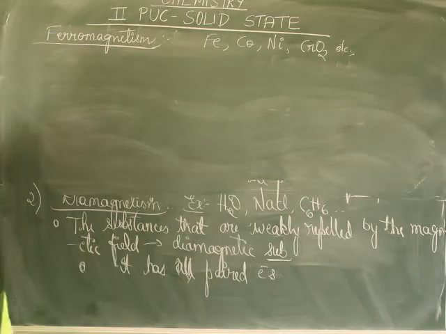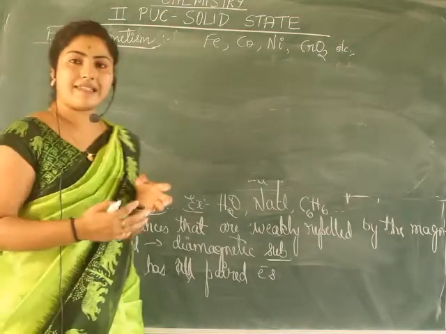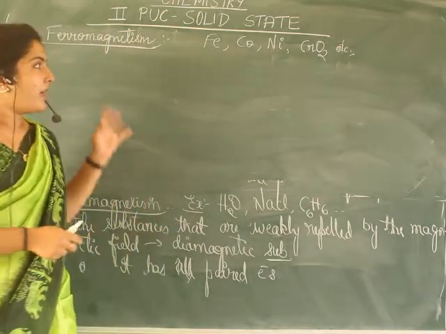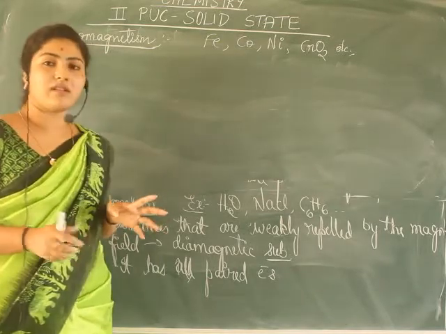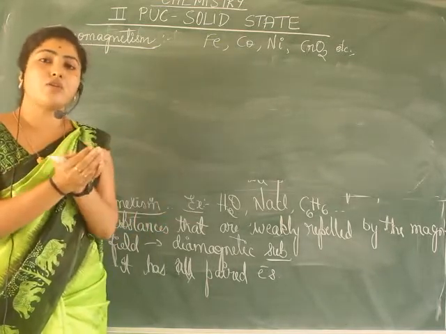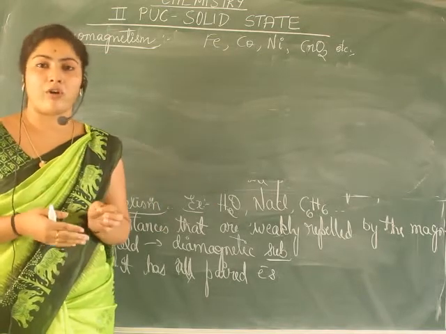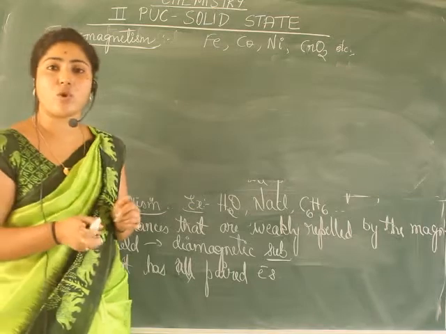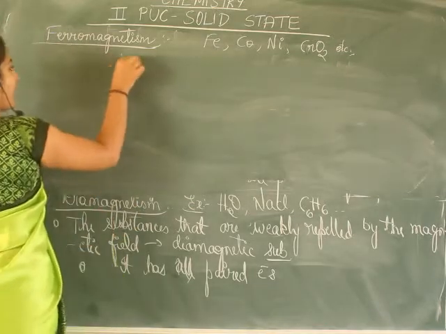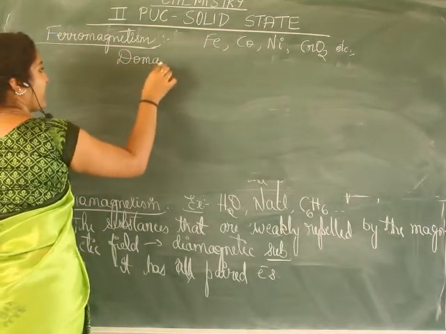Now here what happens, in these substances the metal ions form a group, or they combine into a group which we call domains. What are domains?